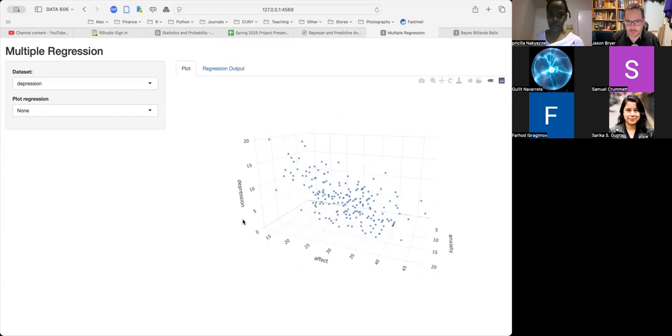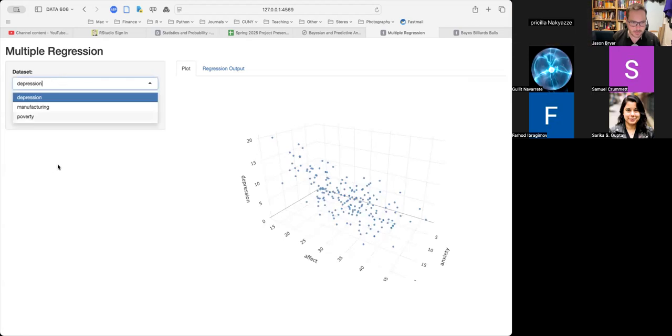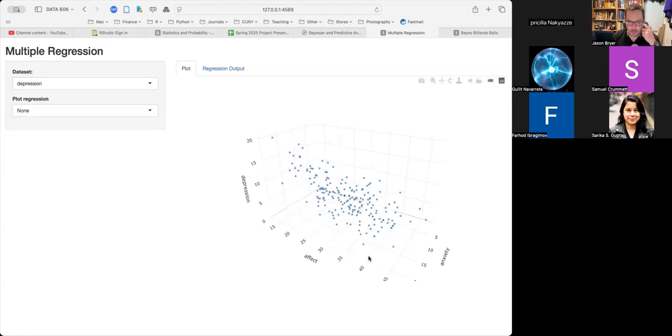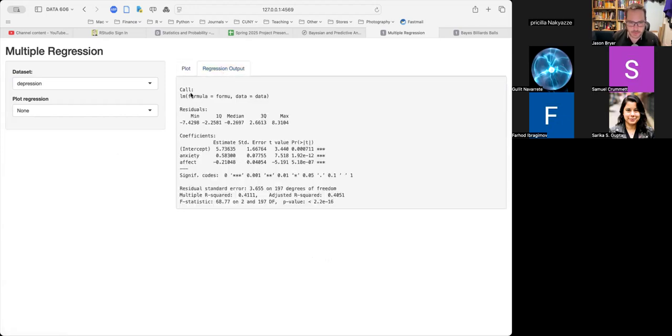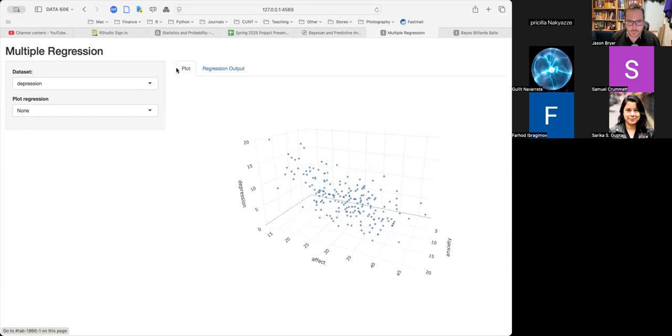This is the same data set as last week, where we're trying to predict depression from affect and anxiety. I have a couple other data sets we could look at here. I showed this in terms of regression, so here I'm calling the lm function. The question is, these estimates, where are they coming from?